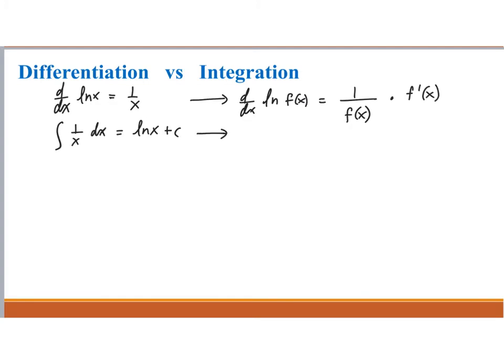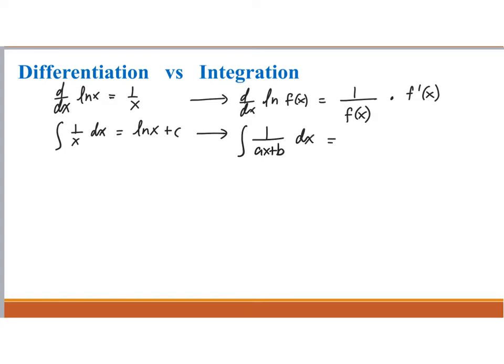And with integration, just like what we did earlier with e to the power of x, the opposite process of this will only work if f of x is of the form ax plus b, which means that we can get the integral of 1 over f of x when f of x is ax plus b.